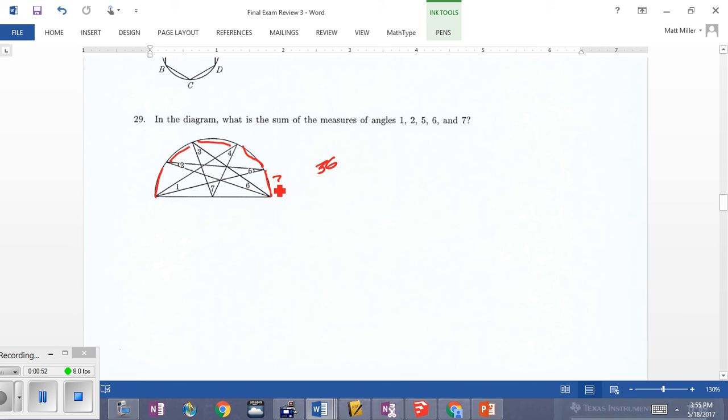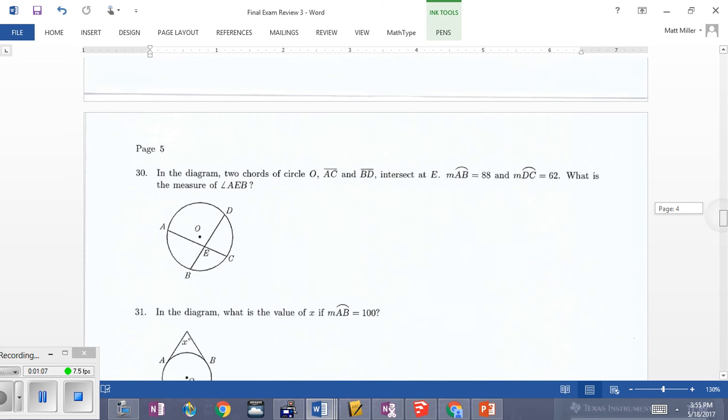So each of these is a 36-degree arc, which means each angle that is opening up to it is 18. So we got 18 degrees, 18 degrees, 18 degrees with each of those angles there.